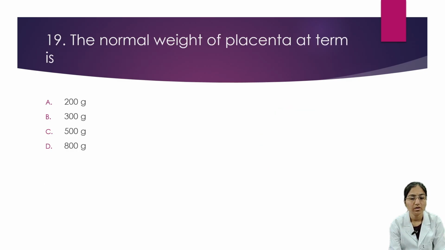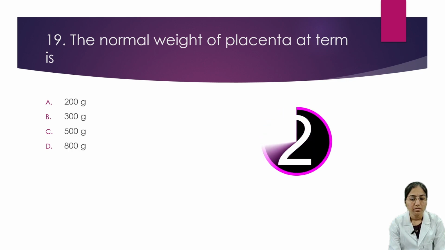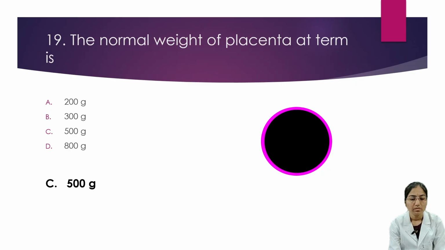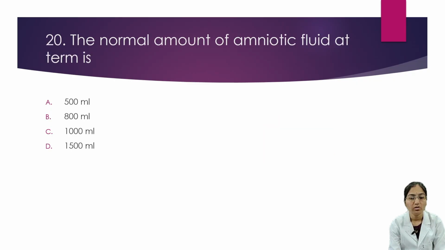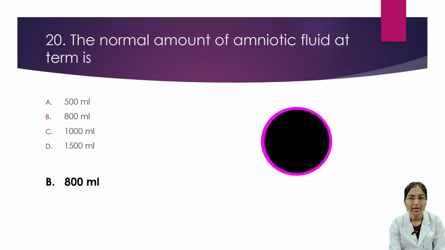oxytocin. The normal weight of placenta at term is 500 gram. The normal amount of amniotic fluid at term is 800 ml.